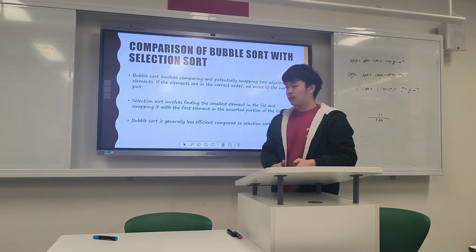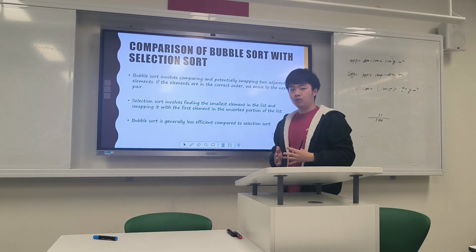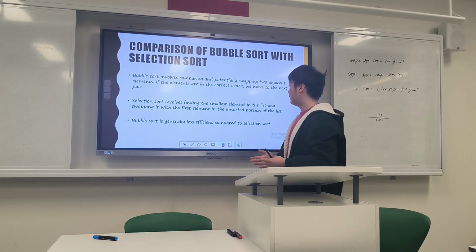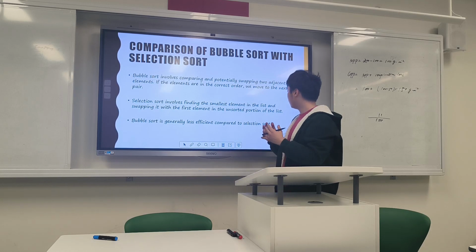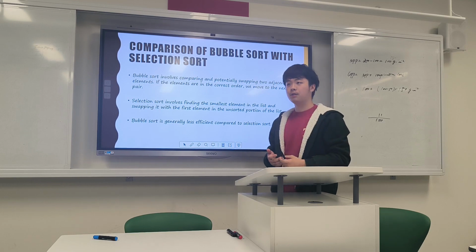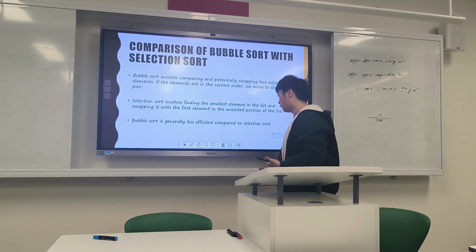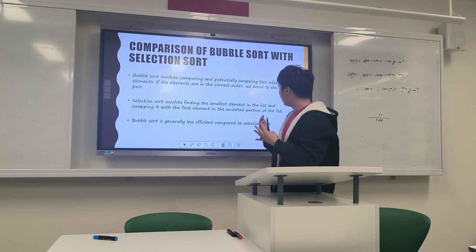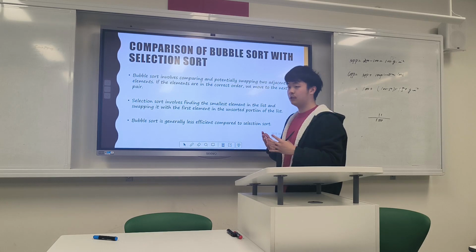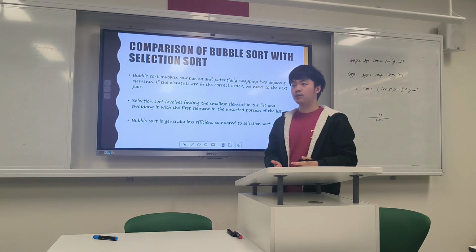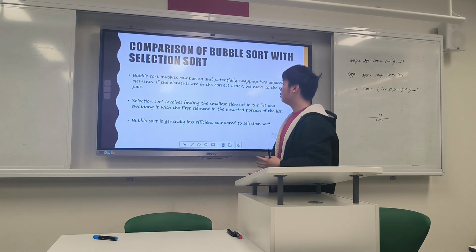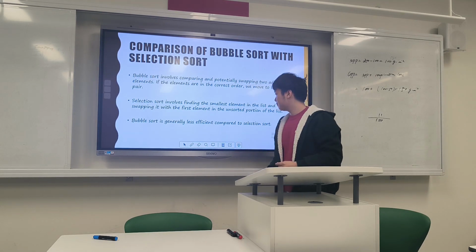However, in the best case, the bubble sort is O(n), which is linear complexity, while in selection sort, the best case is still O(n squared). Therefore, we can know that unless the sequence is pre-sorted, in the average case when the sequence is disordered or random, it is better to use selection sort.